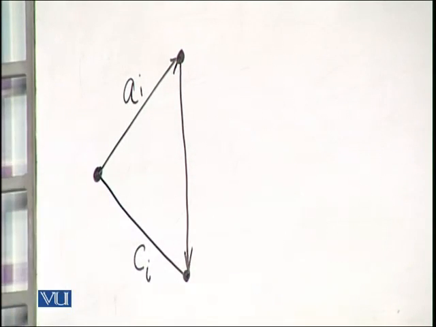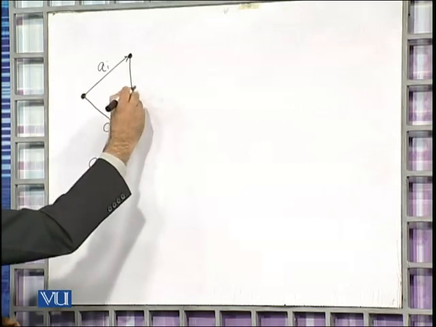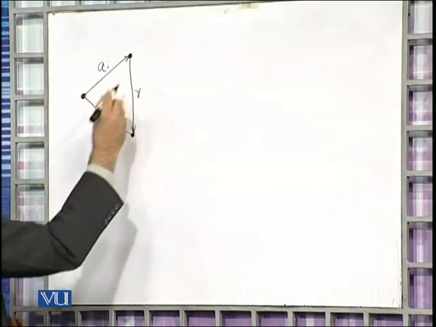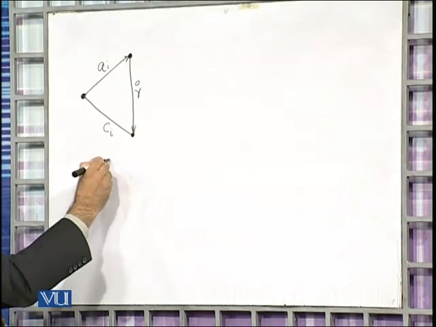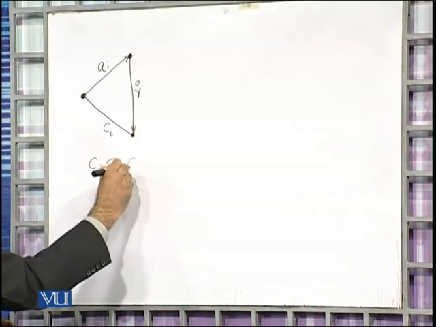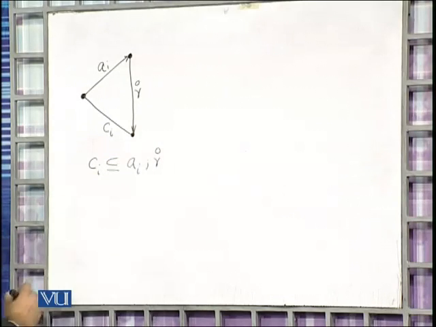My question is, is this CI, with this relation R naught, a subset of AI followed by this relation R naught?